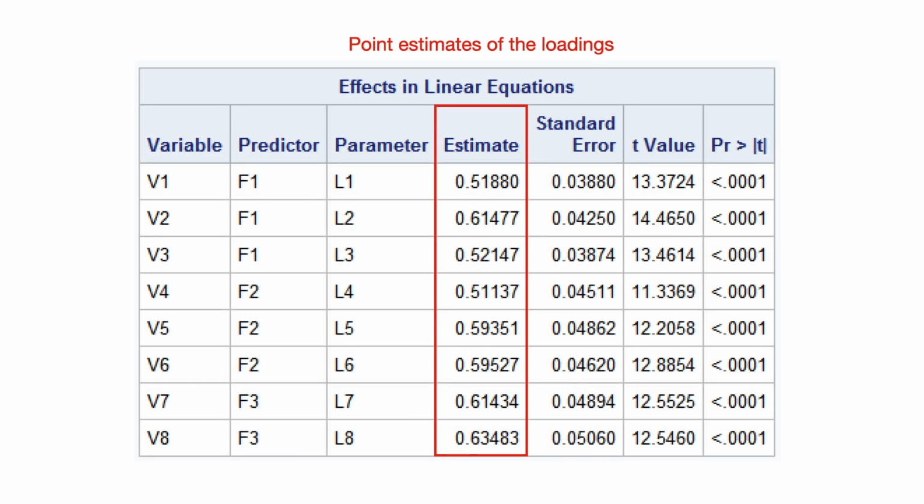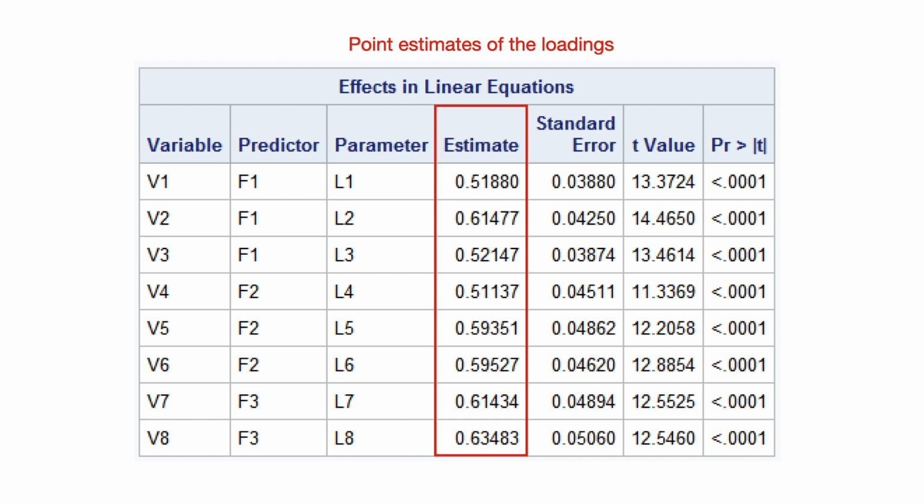Next, we have the effects in linear equations. And so these are the point estimates of the loadings. We see that the point estimate for lambda 1 or L1 is 0.51880. The point estimate for L2 is 0.61477. The point estimate for L3 is 0.52147. The point estimate for L4 is 0.51137.